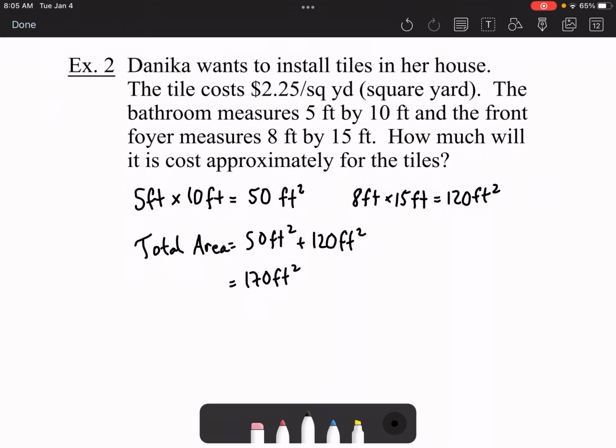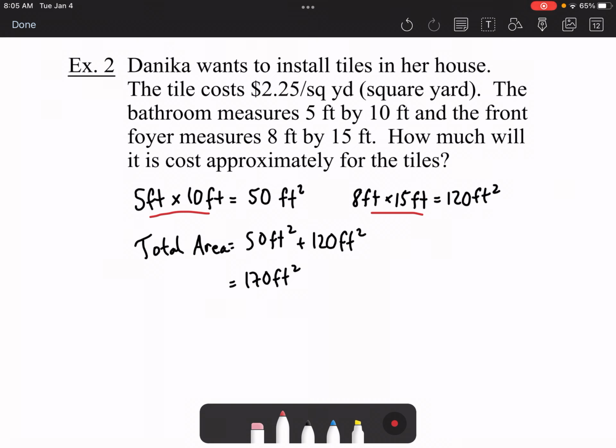Now please notice that I separated these items. I separated the one calculation and the other calculation. You could put the two calculations together if you want, but you have to set it up as an expression. You wouldn't string the two items together.